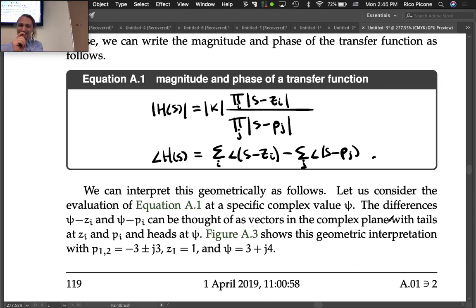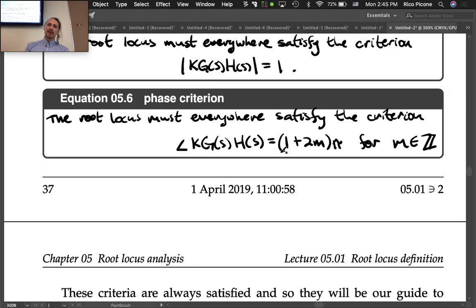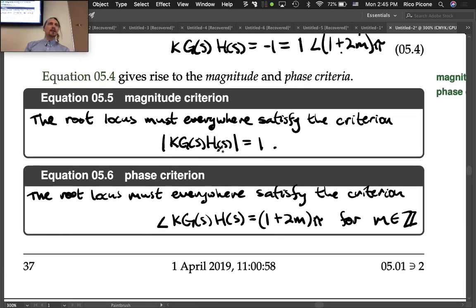Okay, so we can interpret this geometrically as follows. So what we're going to do is, we just saw the magnitude and phase criteria like 5 seconds ago, right? Magnitude of a transfer function, phase of a transfer function. That's what we're going to circle back to in a minute.